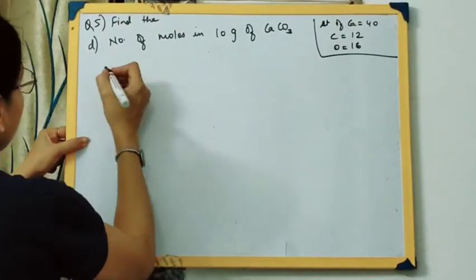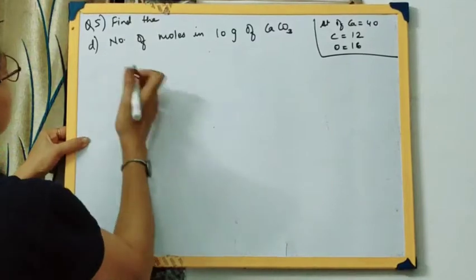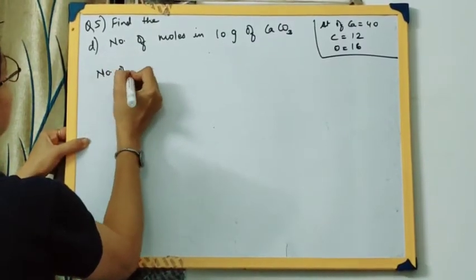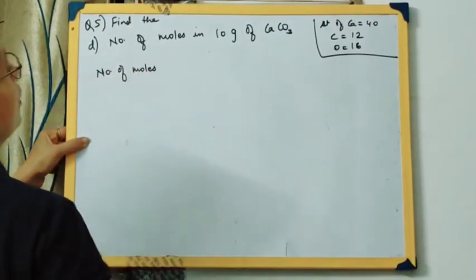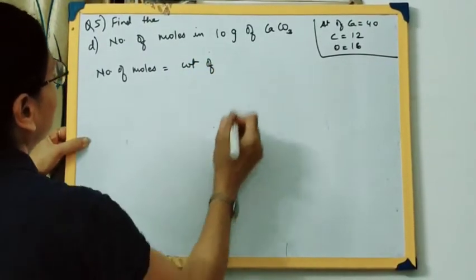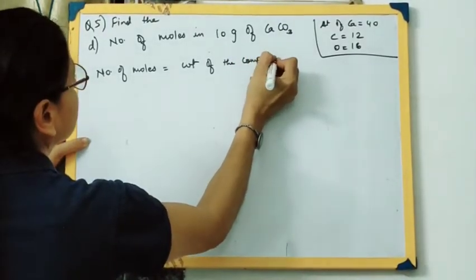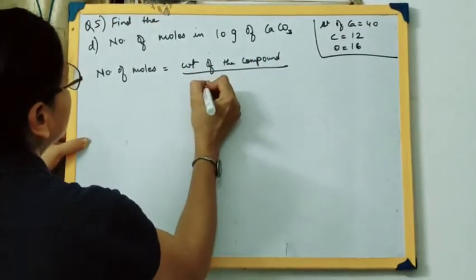So what is the formula for finding the number of moles? The number of moles of a compound is equal to the weight of the compound upon the molecular mass of the compound.